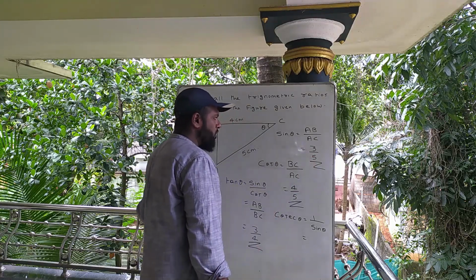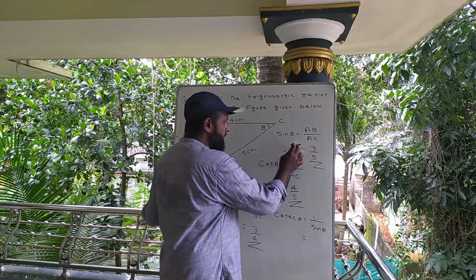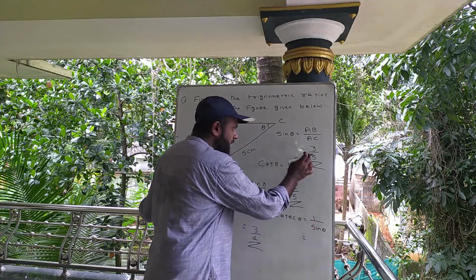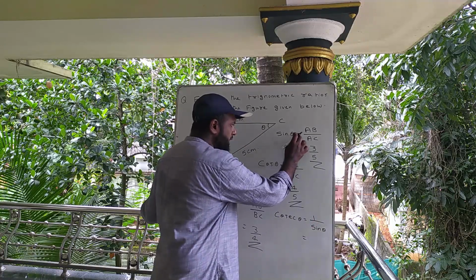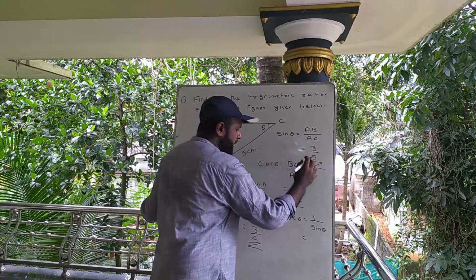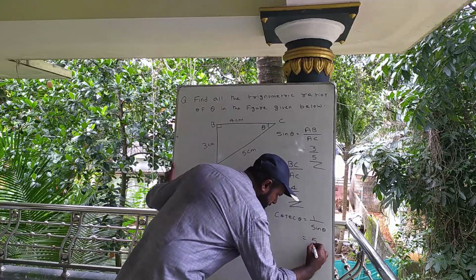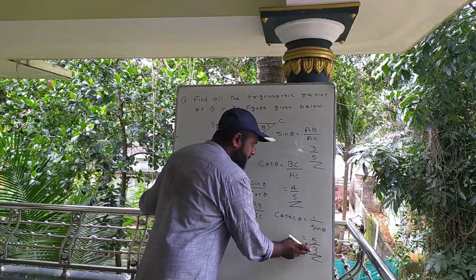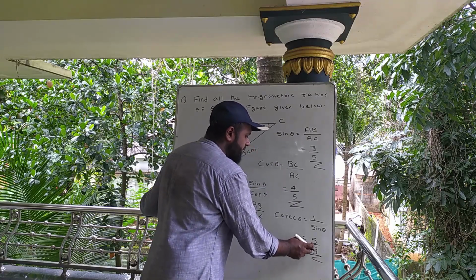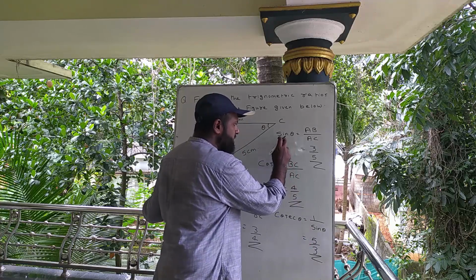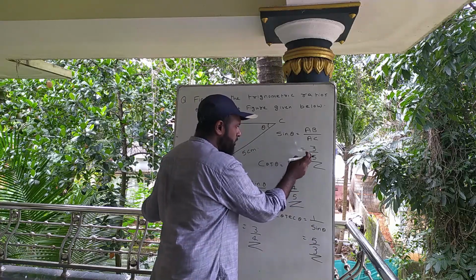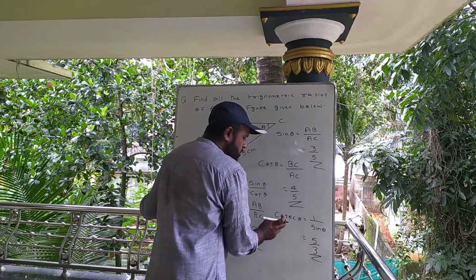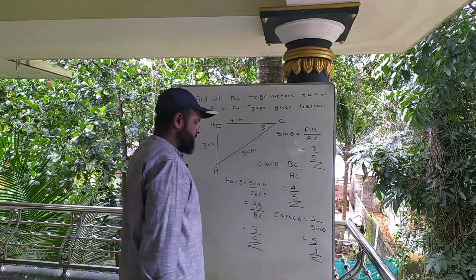What is the reciprocal of sin theta? That is 5 by 3. We write cosec theta as 5 by 3 because cosec theta is the reciprocal of sin theta. Here sin theta is 3 by 5, so we have taken the reciprocal of 3 by 5, that is 5 by 3. So, cosec theta is 5 by 3.